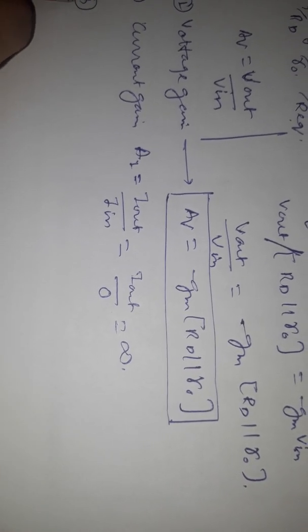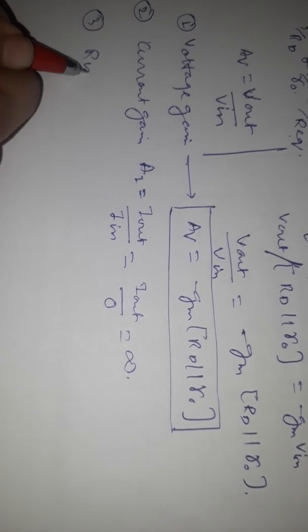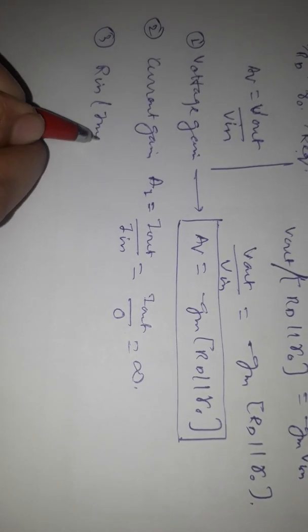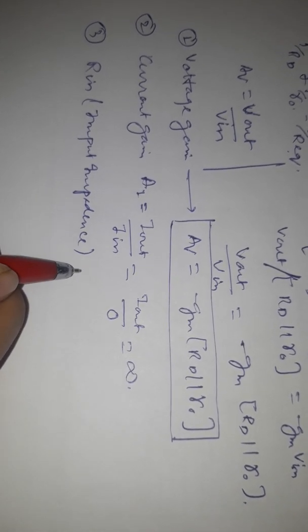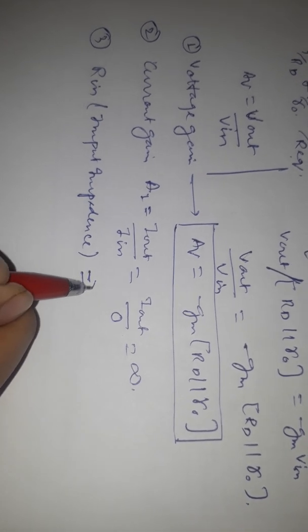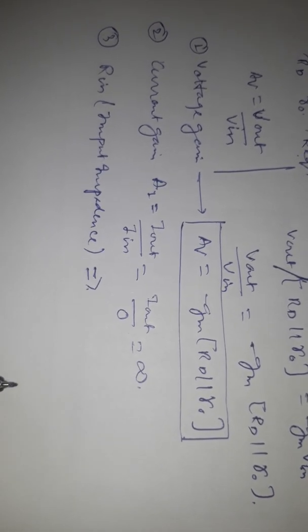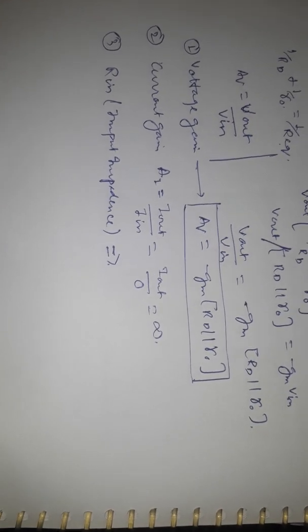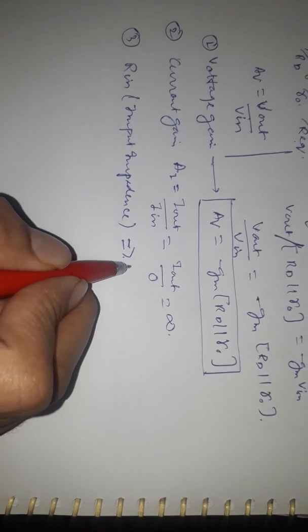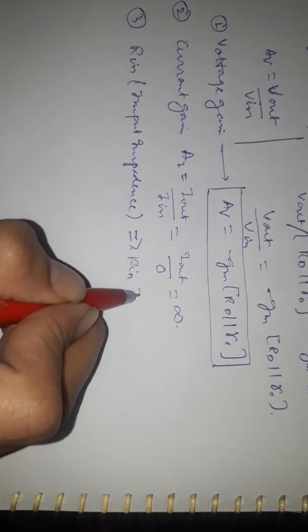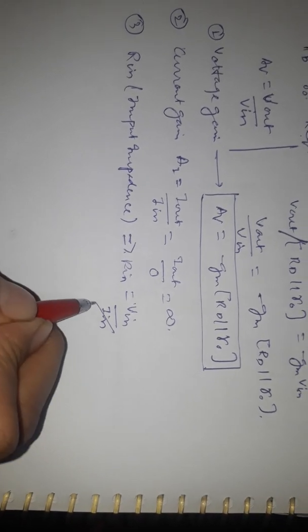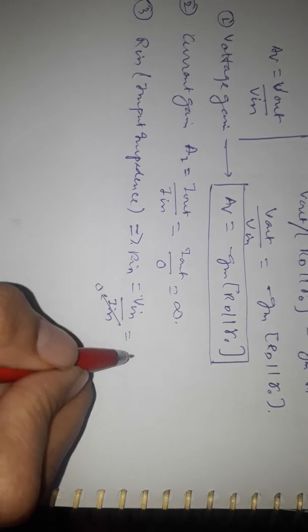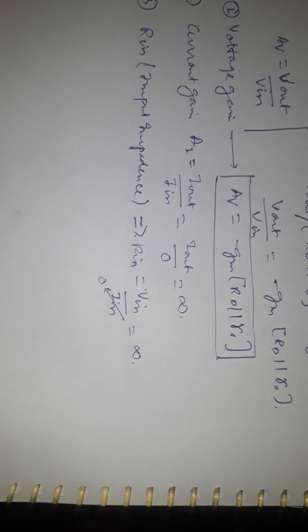Okay, now the third parameter is input resistance, or we can say input impedance. R input is given by V input by I input. As the I input is equal to 0, this R input will be equal to infinite.